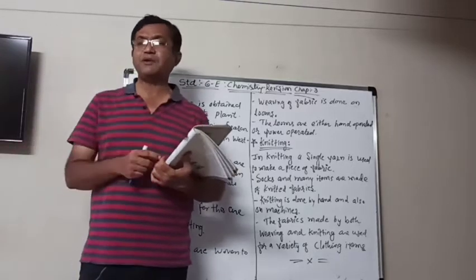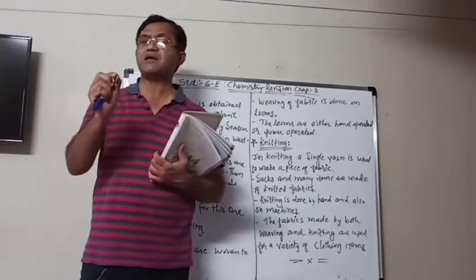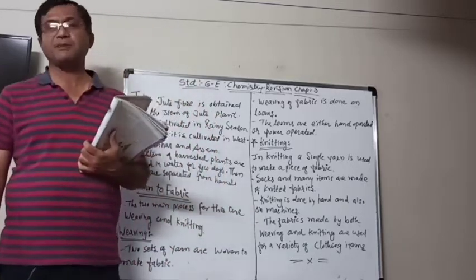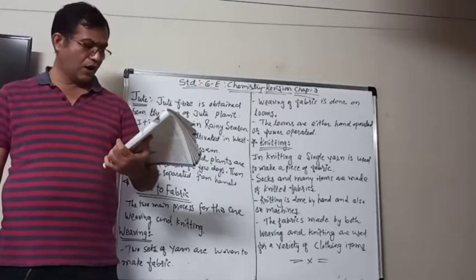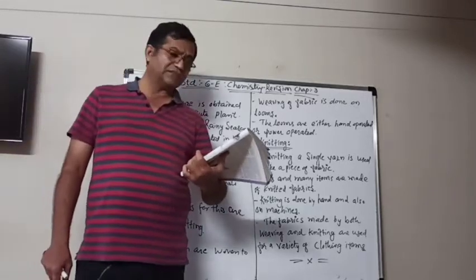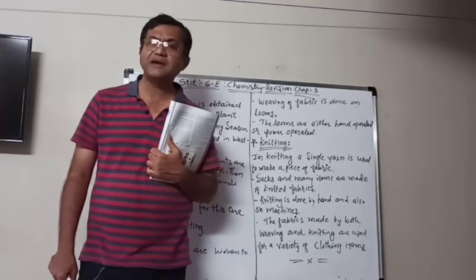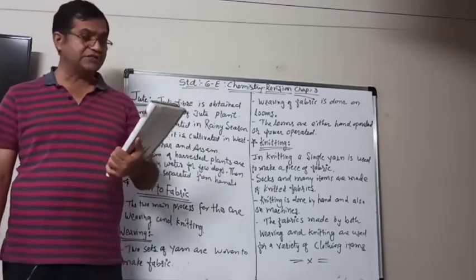But we have to be careful because the yarns are very thin compared to the strips of paper. Now that process of weaving of this yarn is done in looms.